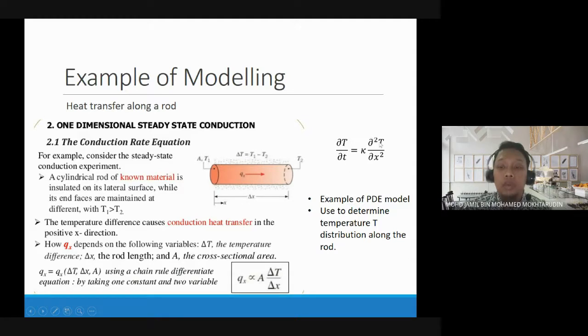And also del squared T over del x squared, so the temperature changes with the length of the rod. So there are two changes here, change with time and also change with the length. That's why we use the symbol del here, because there are two changes. So this is an example of a PDE, and it is used to study temperature distribution along a rod.